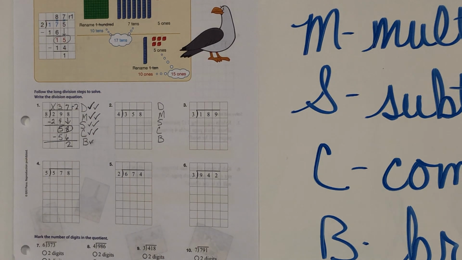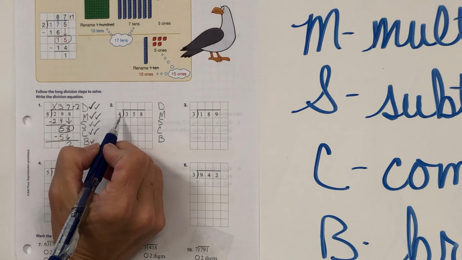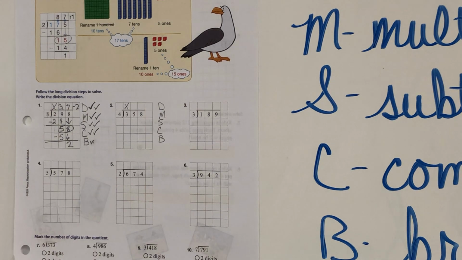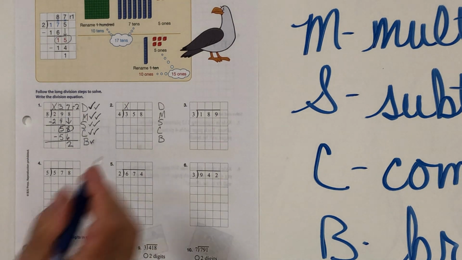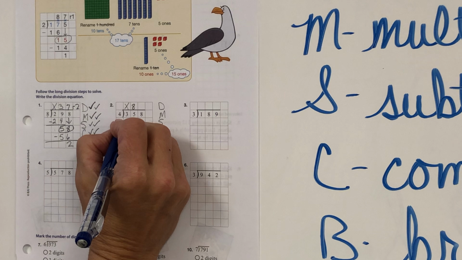All right, let's look at number 2. And we're going to divide. How many times will 4 go into 3? It won't. How many times will 4 go into 35? 8 times. 8 times 4 is 32.